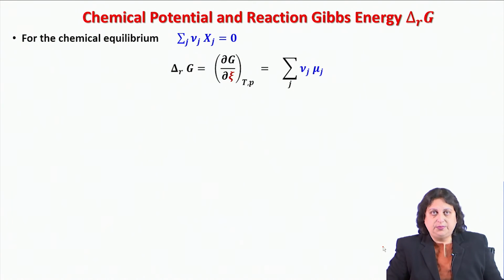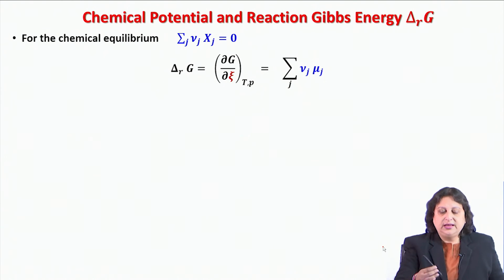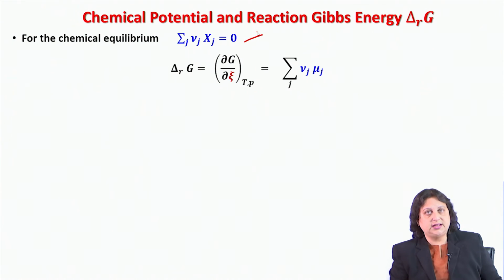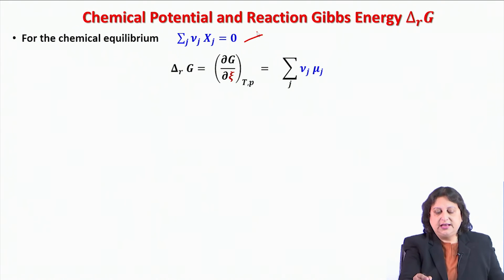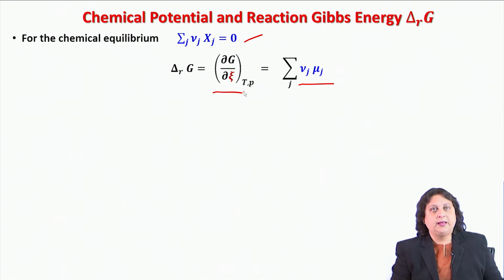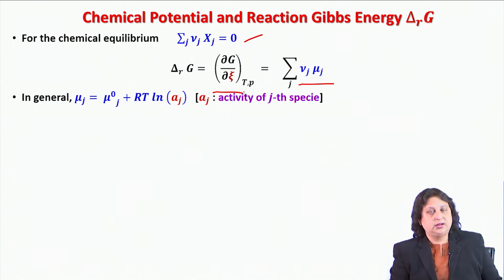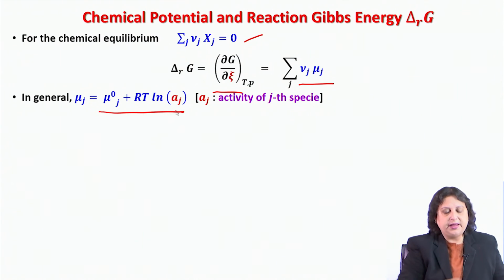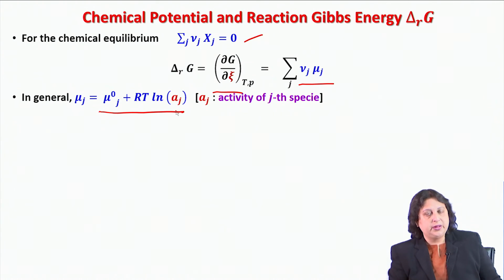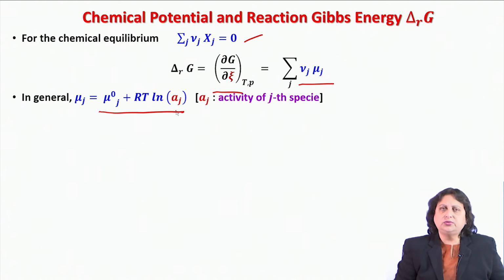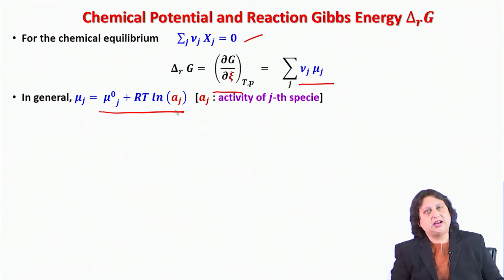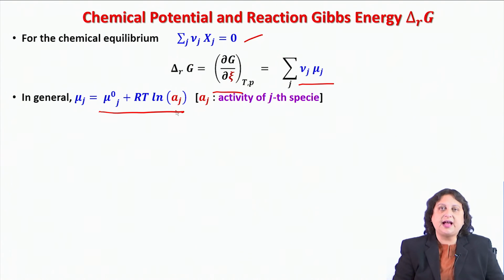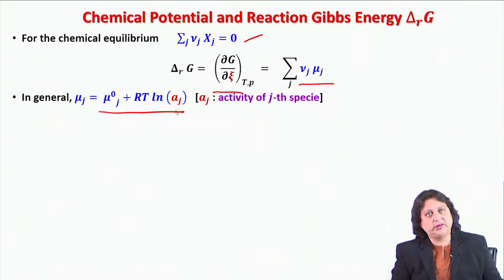For the chemical equilibrium, which is in general given like this, I know that delta Rg, that is the reaction Gibbs energy, is defined like this. And in general, I'm going to use a form like this, that mu j is given by RT ln Aj, where Aj is related to the composition of the reaction mixture, irrespective of whether my reaction is taking place in the gas phase, solid phase, or the liquid phase.